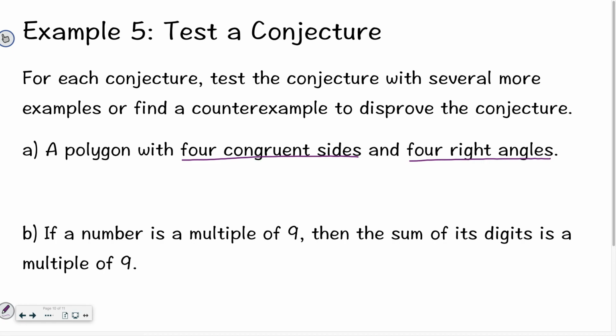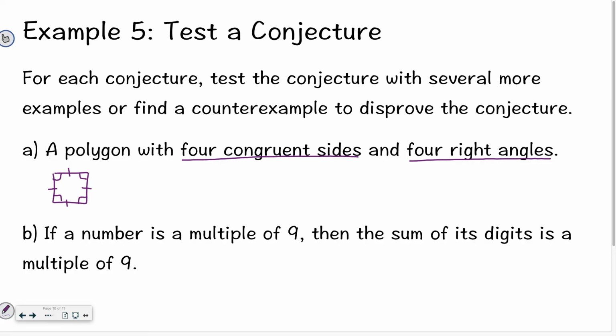We want to know what could disprove this, okay? Well, a square would fit this criteria, right?